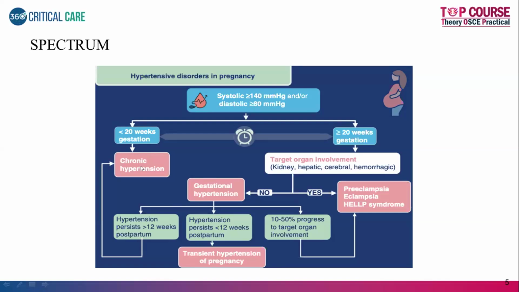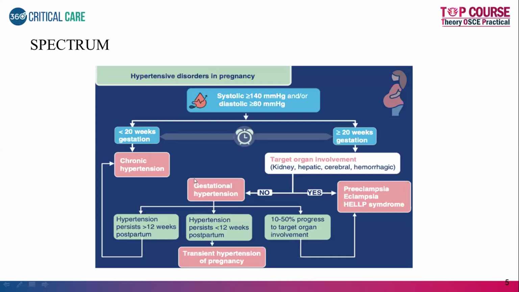So you have two definitions for chronic hypertension, depending upon the gestational age. Now the second group: if the hypertension persists less than 12 weeks postpartum, that is known as transient hypertension of pregnancy.